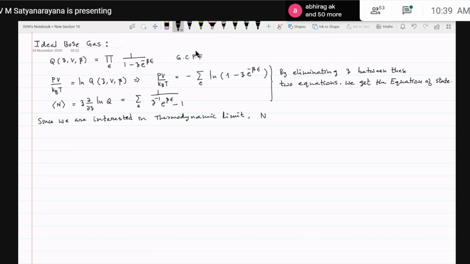Which lets N tend to infinity, V tend to infinity, such that the number density is finite.